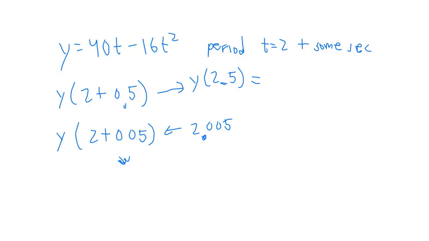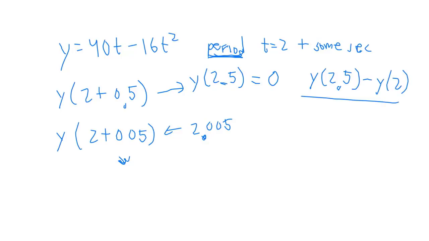And this one gives 0. The thing is that you're trying to find it on a time period. So what you do is you say y of 2.5 minus y of 2, over 2.5 minus 2.